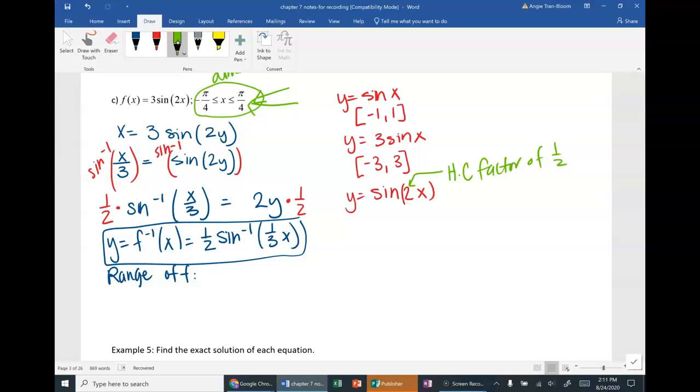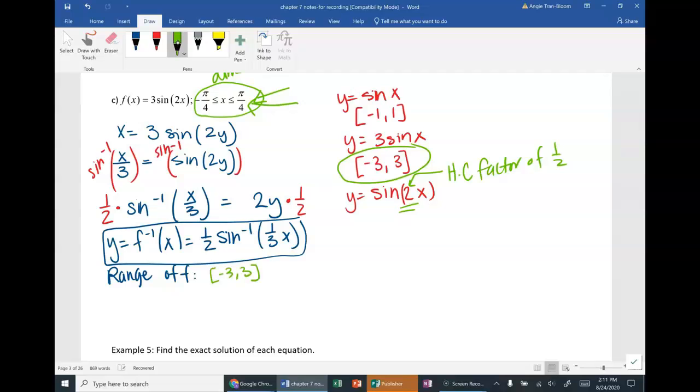The sine inverse usually has a restriction from -π/2 to π/2. It's horizontally compressed by half, so that's why it's now from -π/4 to π/4. So even with this 2 right here, it doesn't change anything. So your range of f is just really from -3 to 3.